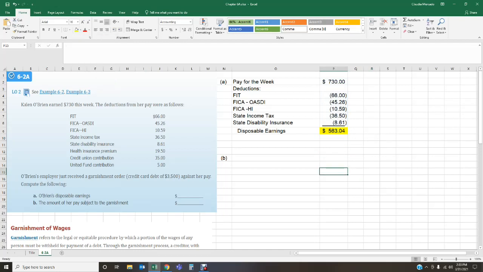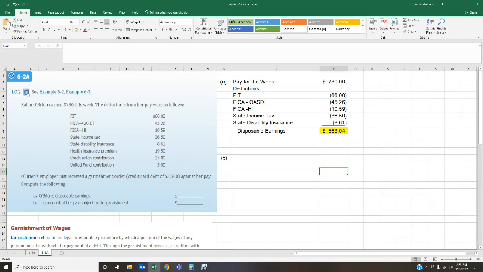That is what I am going to use as the basis to determine how much I am going to garnish from this employee. I'm not going to deduct from the $730; I'm going to calculate my garnishment amount from my disposable earnings amount.